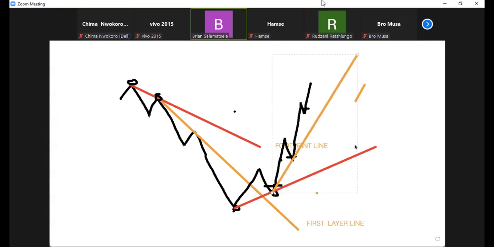Those of you who don't know what is happening here, we take our profits when the market breaks the first layer. So why are we doing that? Most people have their own fixed amount of pips for all pairs and for all time frames.